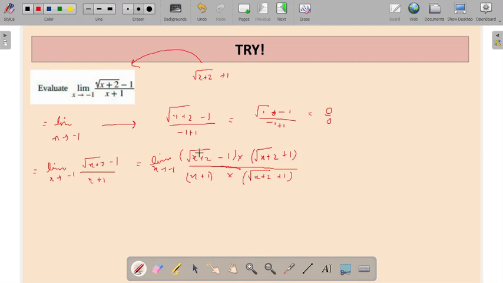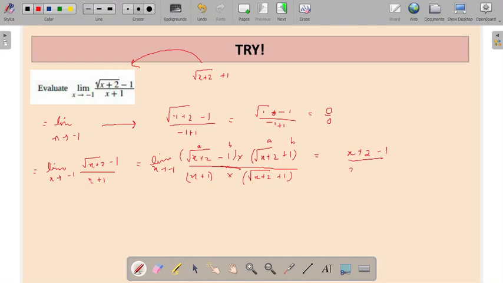Now in the above part you can use the formula of a minus b multiplied by a plus b, which is equals to a square minus b square. So under root x plus 2 square will be x plus 2, minus 1, because 1 square is 1.